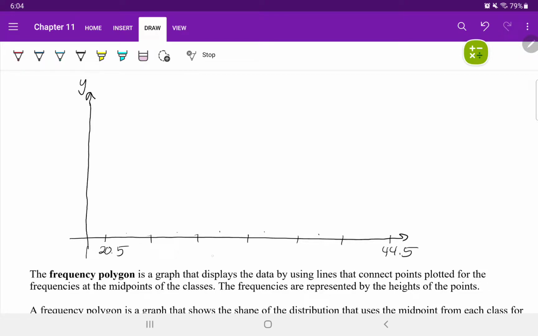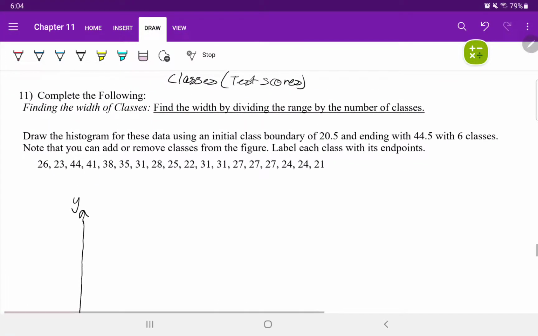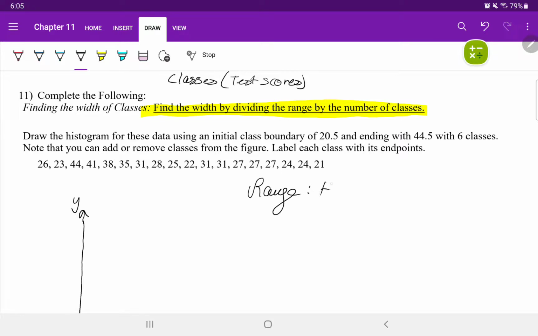I need to find the rest of these boundaries down here. How can I do that? I need to find the width, which is the distance between each class. So I'm going to follow the definition that I gave you right here: you can find the width by dividing the range by the number of classes. The range of my data set is the highest value minus the lowest value.